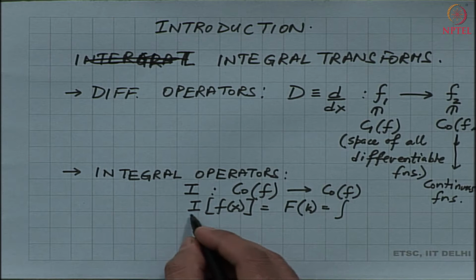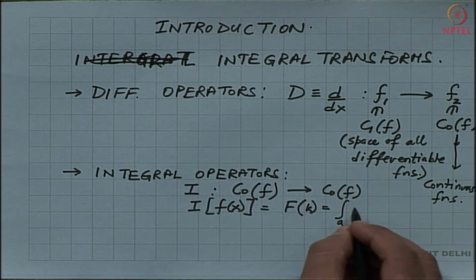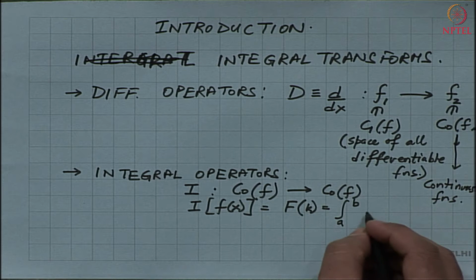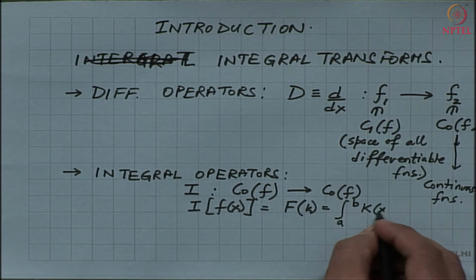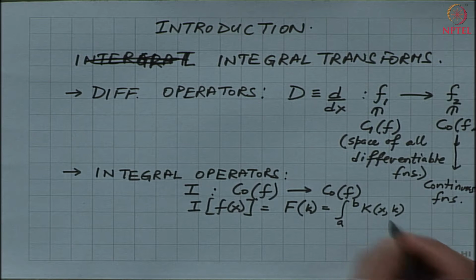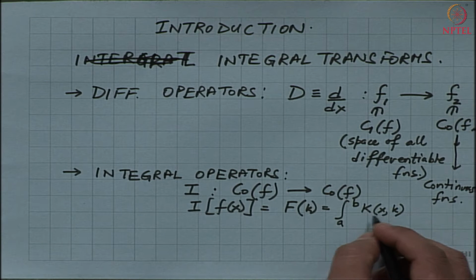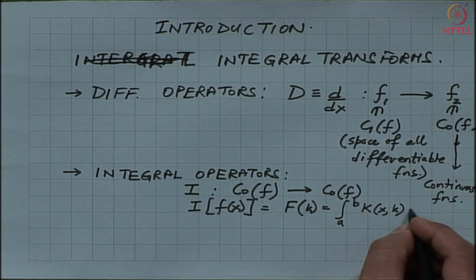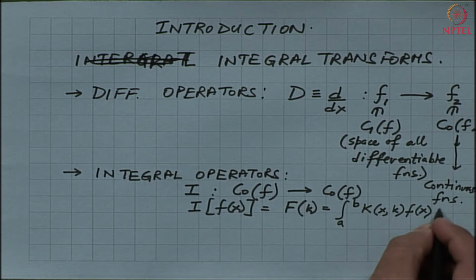Since it is an integral operator, it is going to be an integration from some limit a to another limit b of a function of x and k, the transformed variable k and the physical variable x, times f of x dx.